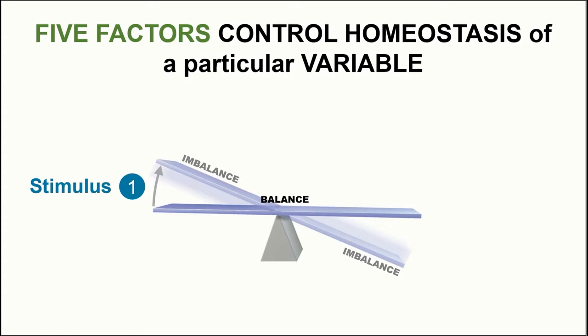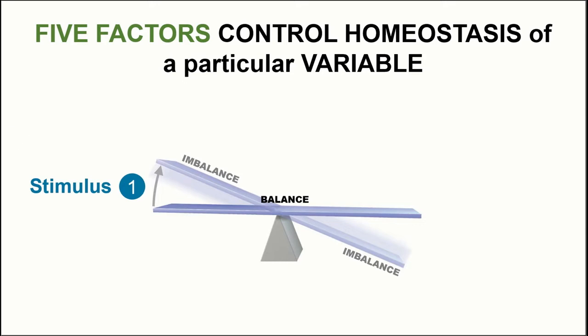CO2 levels in the blood is a good example, blood sugar, really any variable within the body. As I mentioned earlier, we used body temperature because that's a pretty simple, straightforward example, but really anything can be this variable of interest.